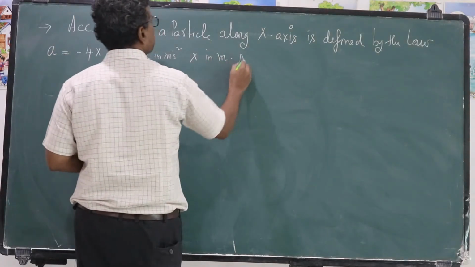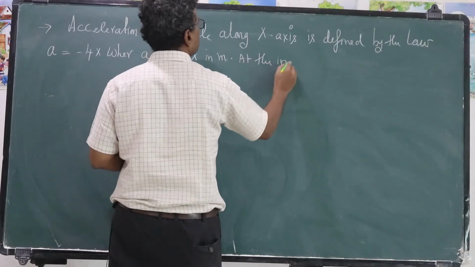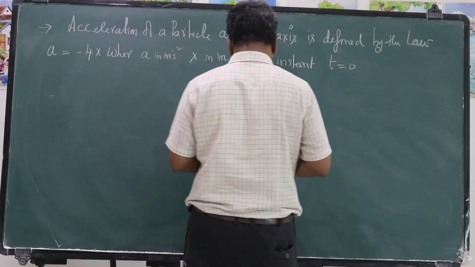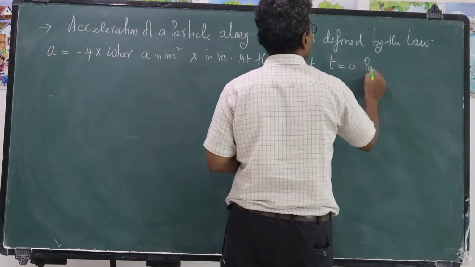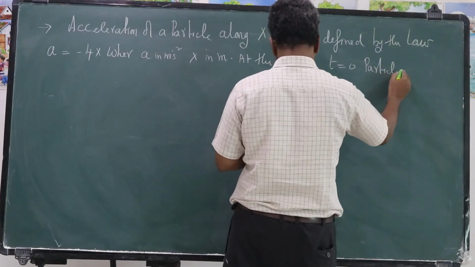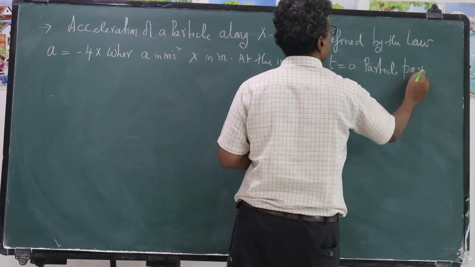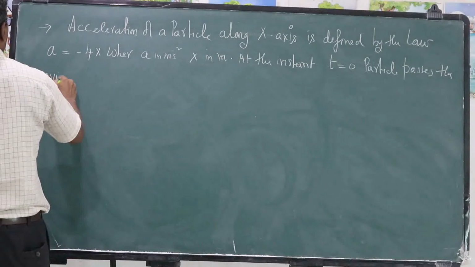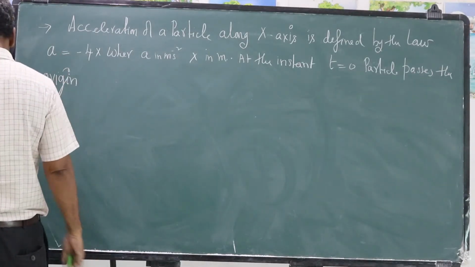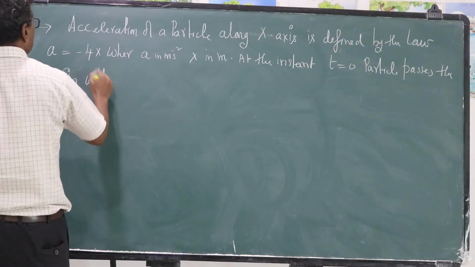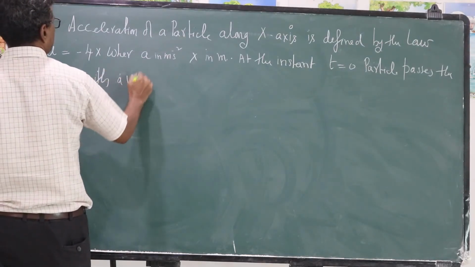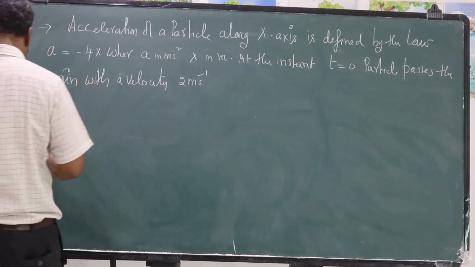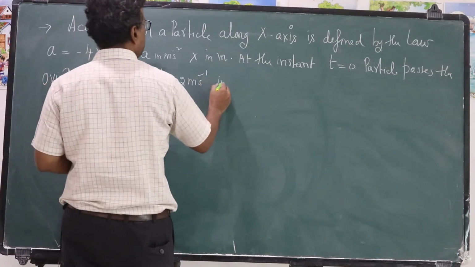At the instant t is equal to 0, the particle passes the origin with a velocity 2 meter second inverse, moving in the positive x direction.